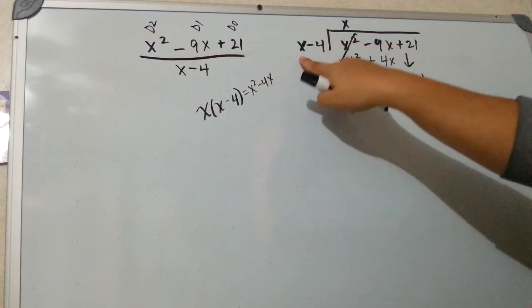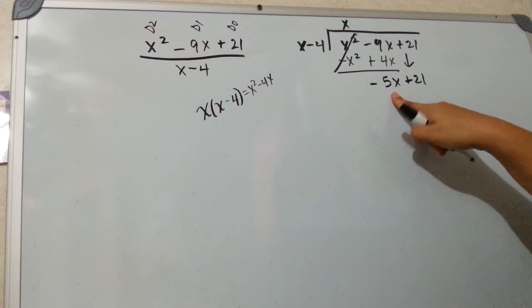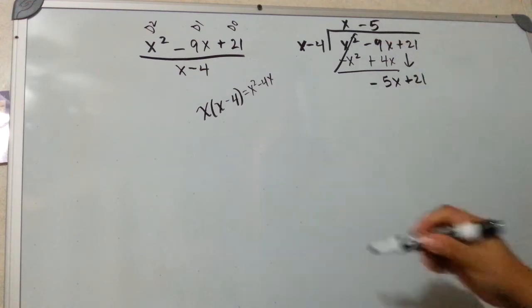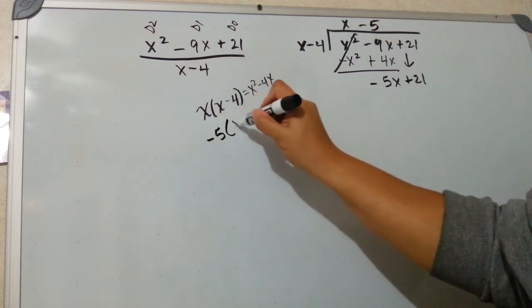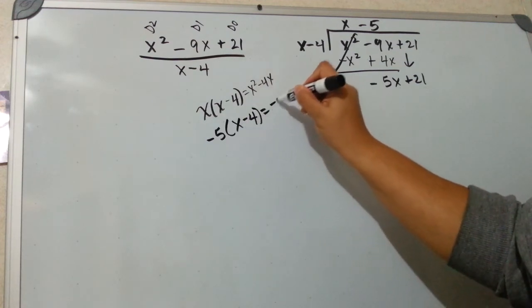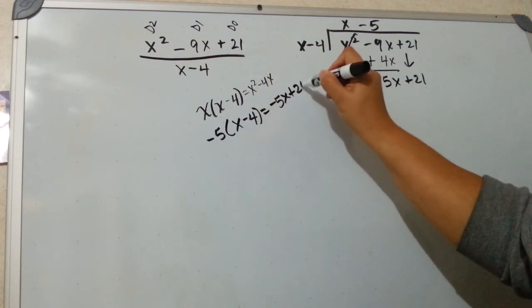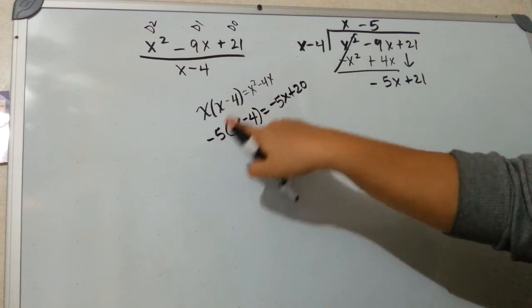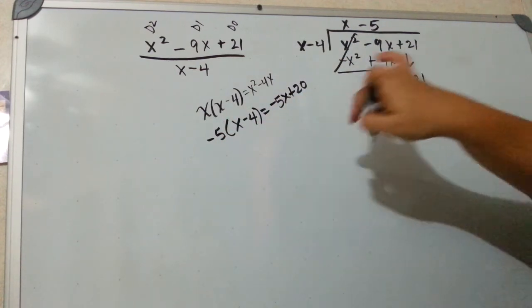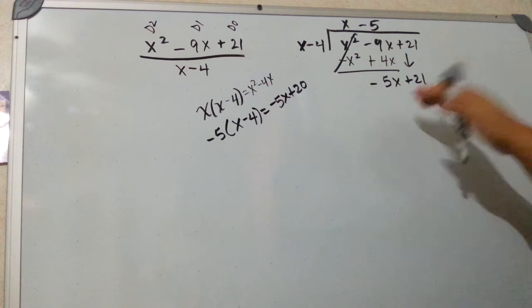Now you're going to ask yourself, x times what gives me minus 5x? A negative 5. So you do negative 5 times x minus 4, right, minus 5x plus 20. And remember, when we take it from here to here, we have to change the sign.